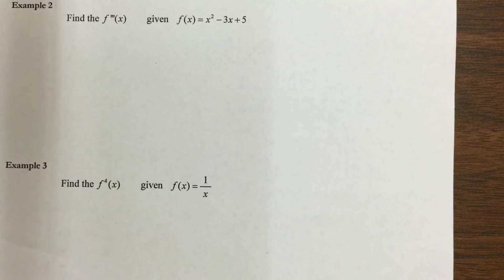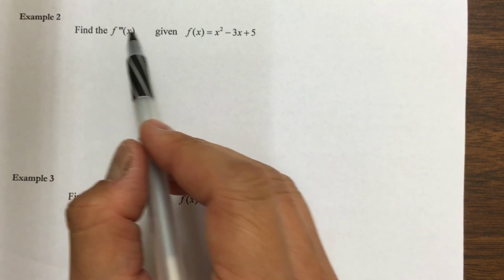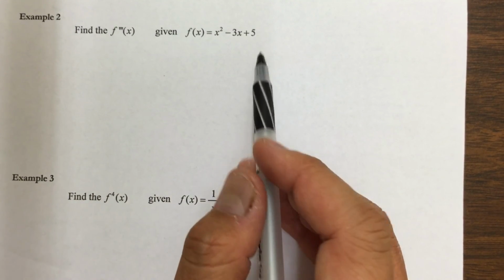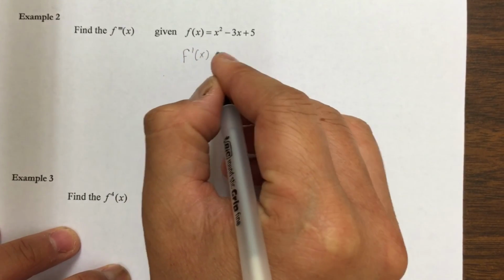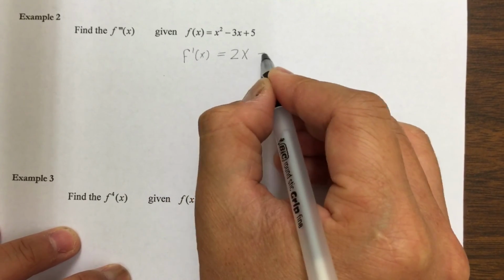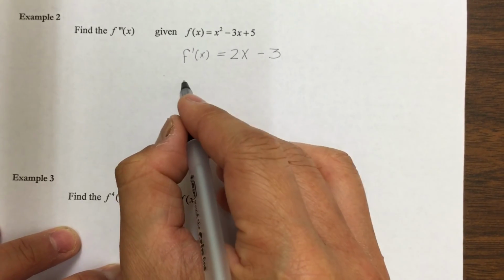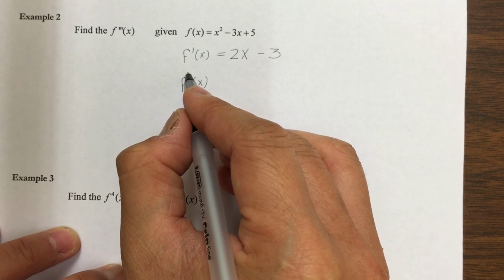All right, here it is. Find the third derivative of this function. So we begin by finding the first derivative. 2x minus 3, and then we find the second derivative.